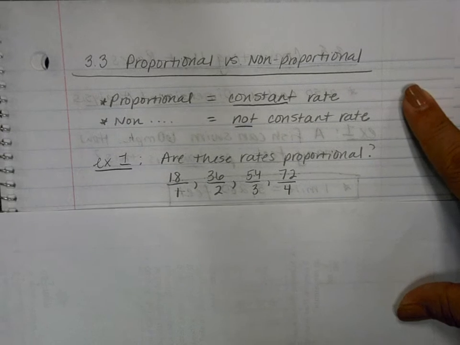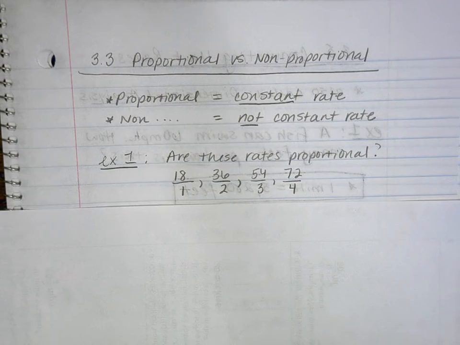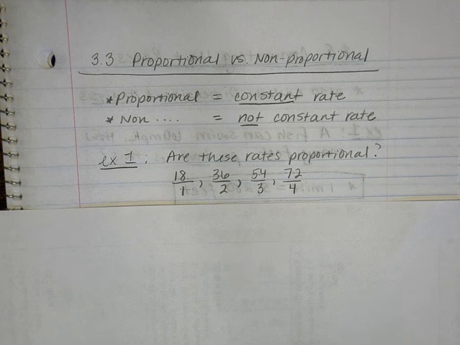Rates can be fractions or ratios. Think rate, ratio, fraction. Are these proportional? Raise your hand if you think they're proportional. Raise your hand if you don't think they are. They look very different. Raise your hand if you have no idea.